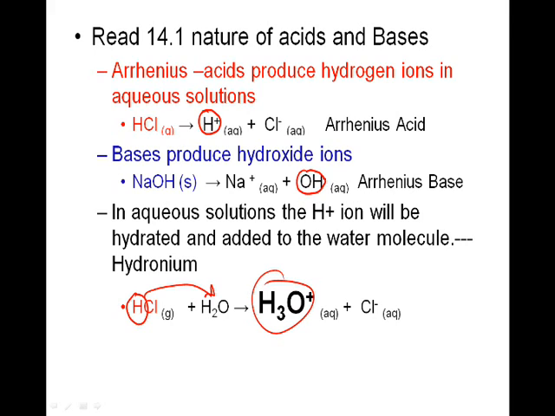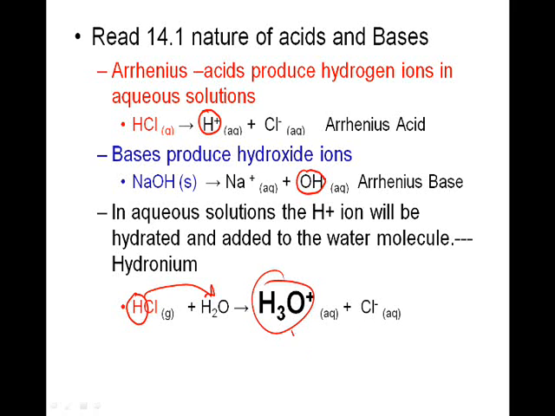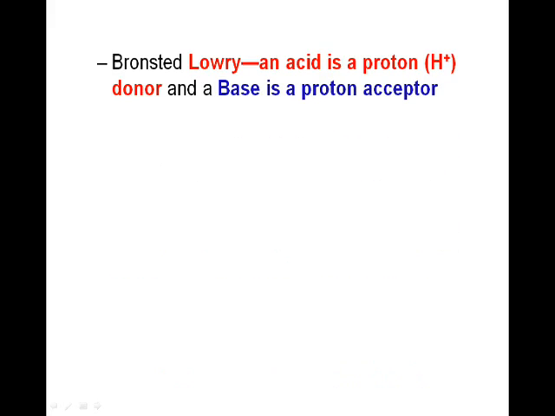And so we often use this hydronium ion interchangeably with the symbol H+. You may see either one of those or both, and they kind of mean the same thing, but the hydronium ion is probably the most accurate representation of what's going on.